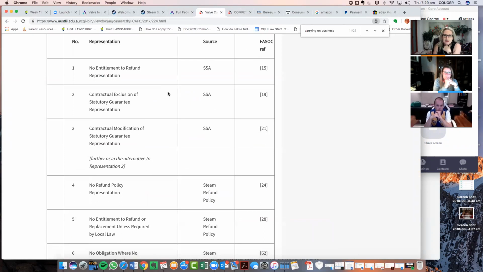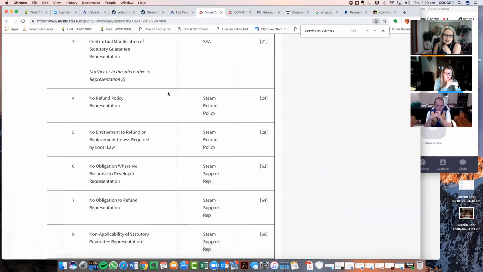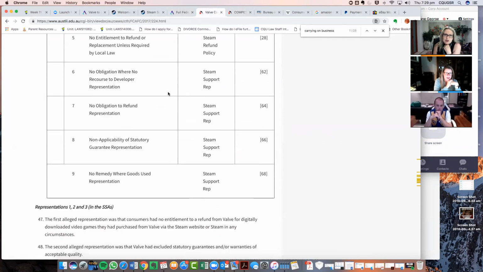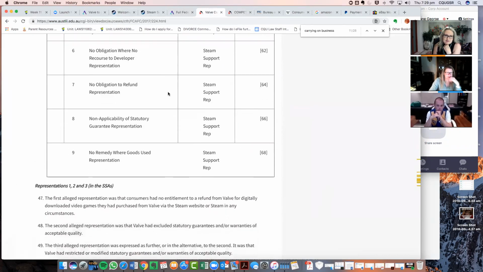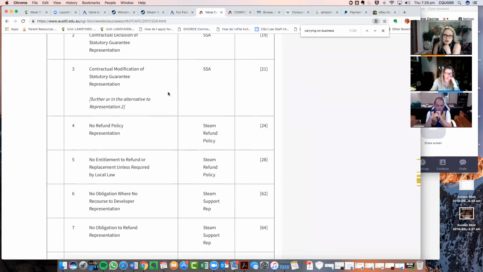So can't get a refund, tough luck, we don't care, things aren't of good quality, tough luck, no refund. Contractual exclusion of statutory guarantee, contractual modification of statutory guarantee, no refunds, no entitlement to refund or replacement, blah, blah, blah. There was a whole stack of, you know, naughtiness that went on.